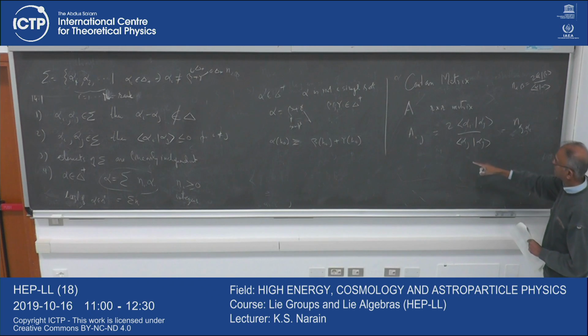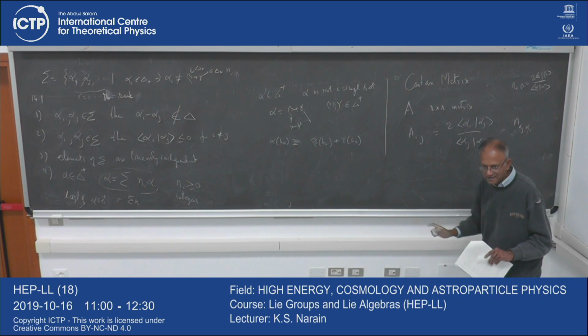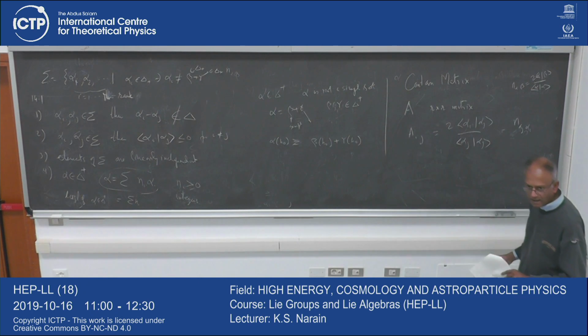But here the second index is appearing in the denominator, so it's like a transpose of what we were writing before. This is standard notation for the Cartan matrix. In all the textbooks they use this notation. There is nothing more than a notation.